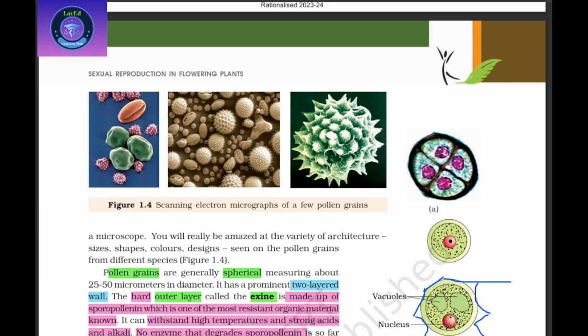So pollen grains, two layers. The blue layer you see is basically called the exine.